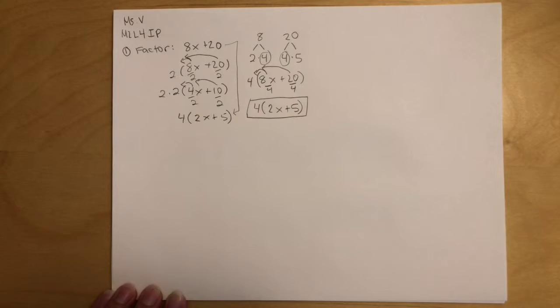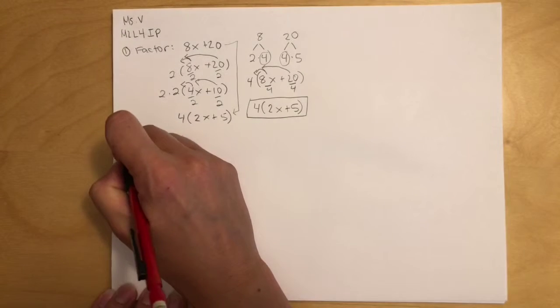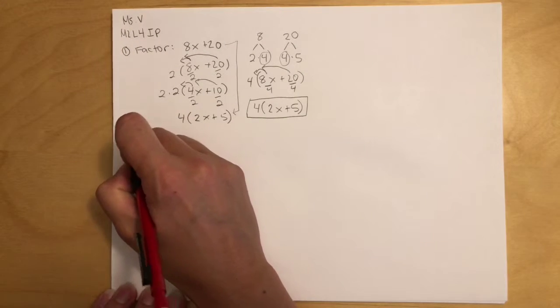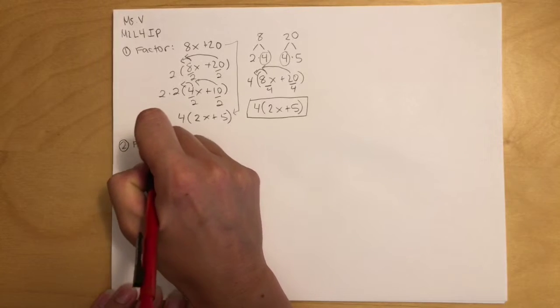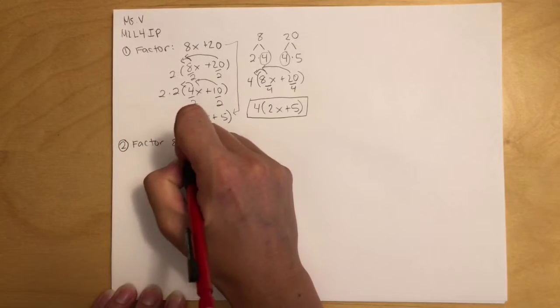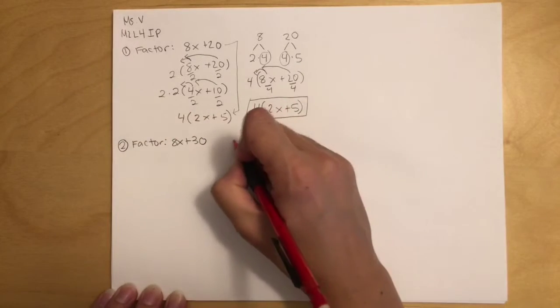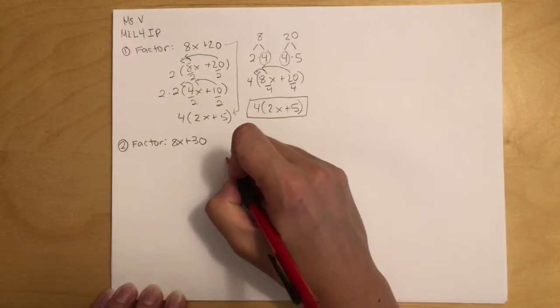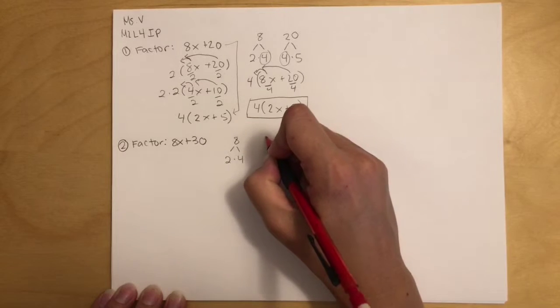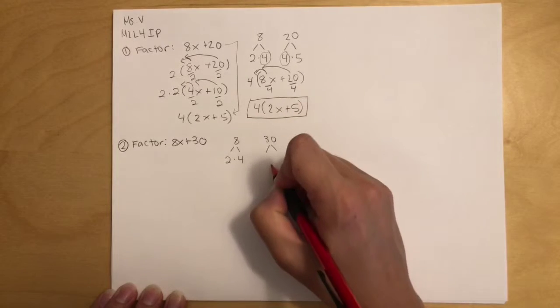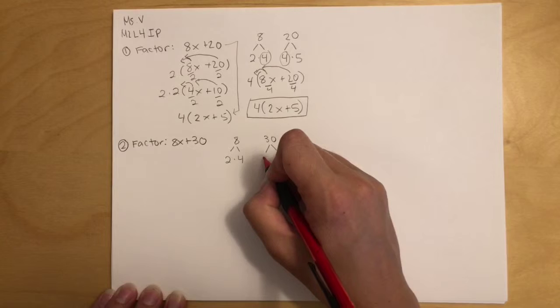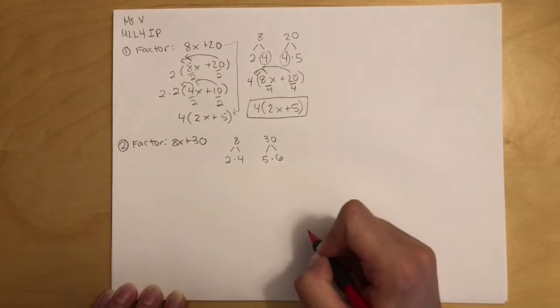And let's look at number 2. Number 2 says factor 8x plus 30. So let's make factor trees. 8 is 2 times 4, 30 is 5 times 6.